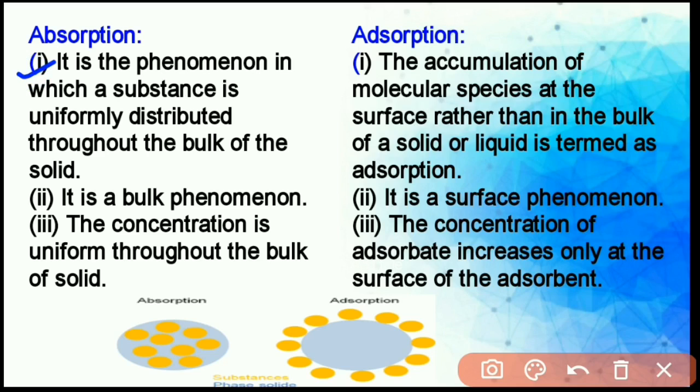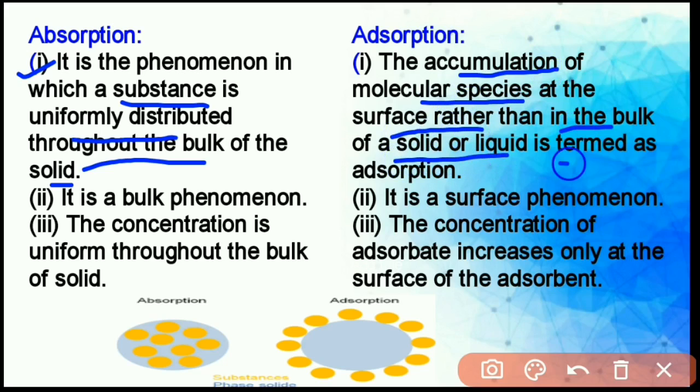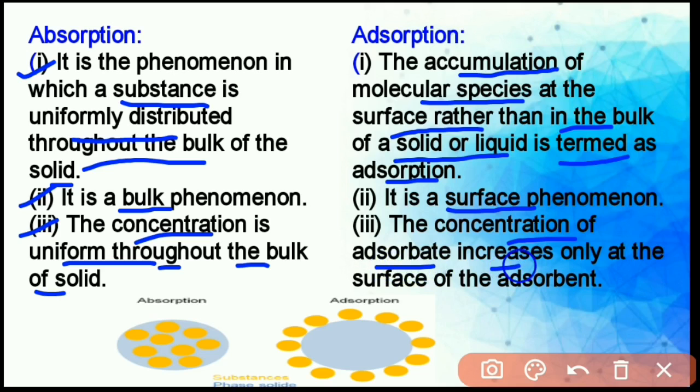Absorption is a phenomenon in which a substance is uniformly distributed throughout the bulk of the solid, and in adsorption the accumulation of molecular species at the surface rather than in the bulk of a solid or liquid is termed adsorption. Absorption is a bulk phenomenon, but adsorption is a surface phenomenon. In absorption the concentration is uniform throughout the bulk of the solid, and in adsorption the concentration of the adsorbate increases only at the surface of the adsorbent.